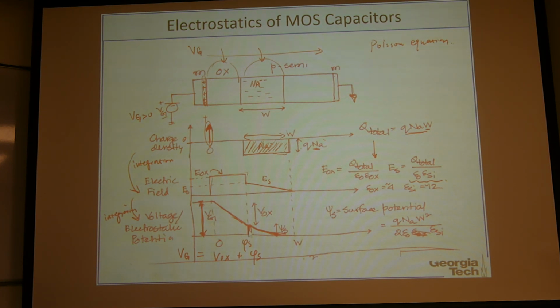So how much is this surface potential? So you need to integrate the electric field over this distance W. But the electric field is changing here, it's not a constant. So let's take an average here, which is half of the electric field. We need to do half, because it's changing from this value to this value.